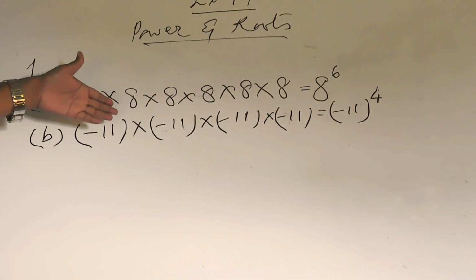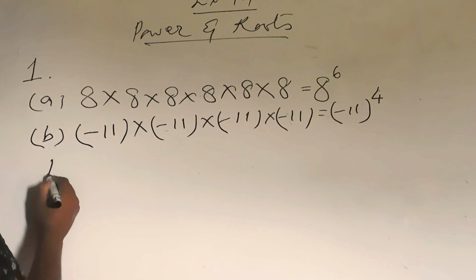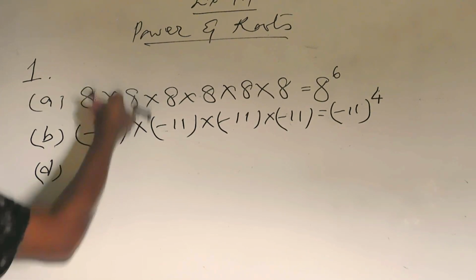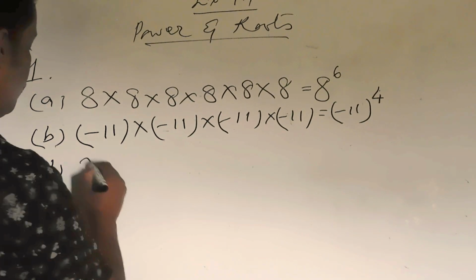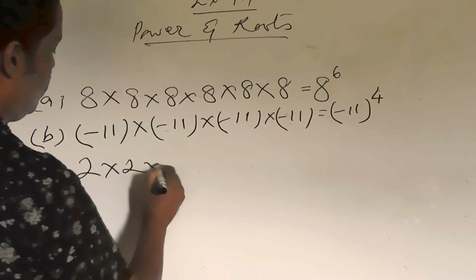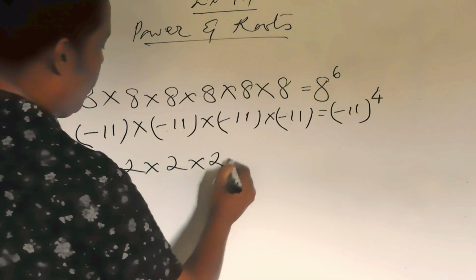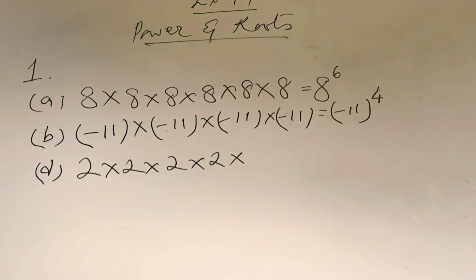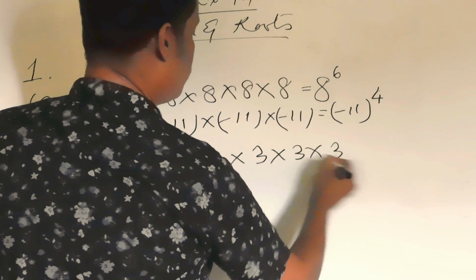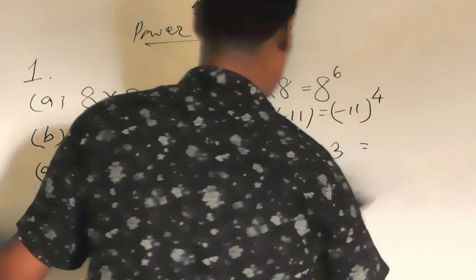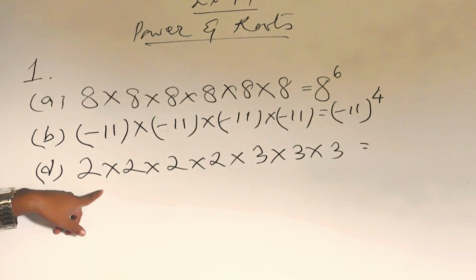I will do question number D. I am not doing C because C is the same as A and B. Now in D, the question is 2 into 2 into 2 into 2, after that 3 into 3 into 3. Here 2 is multiplied how many times? 4 times.